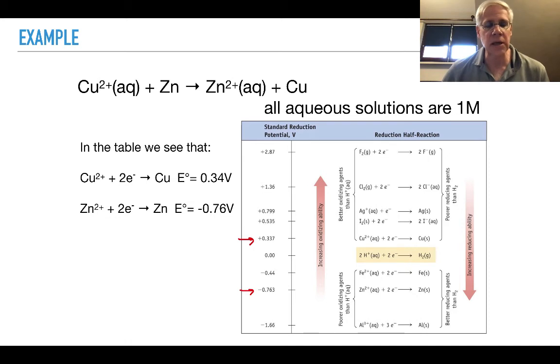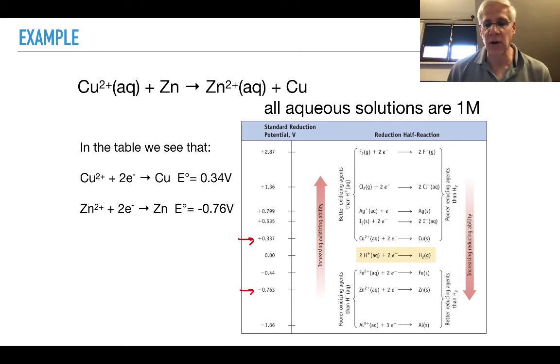Notice in our reaction up here, the zinc is actually an oxidation reaction, but down here it's a reduction reaction. Remember, all reactions in this table will always be written as reduction half reactions. What you need to look for is, does it have the appropriate species? We're dealing with zinc and zinc 2 plus here and here, and so that is the proper half reaction.